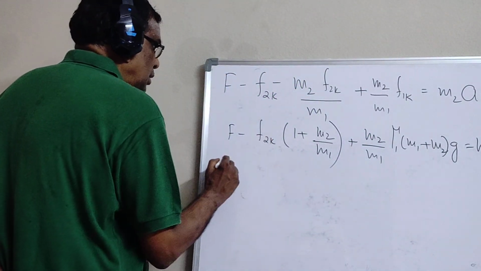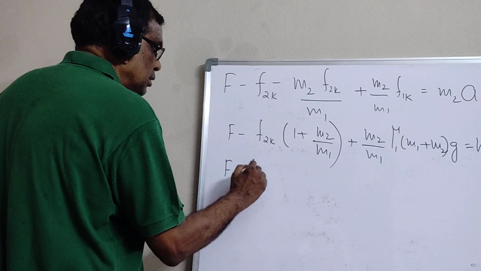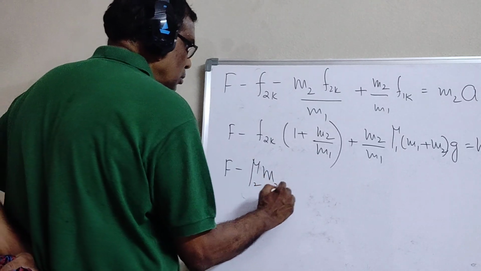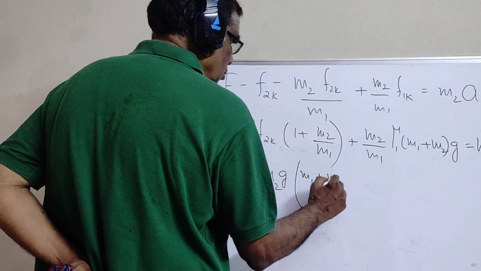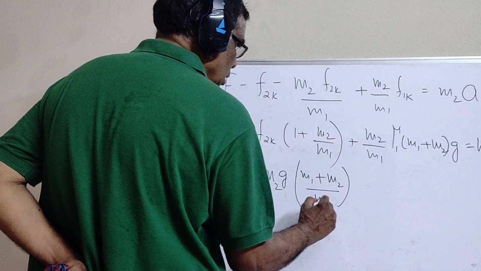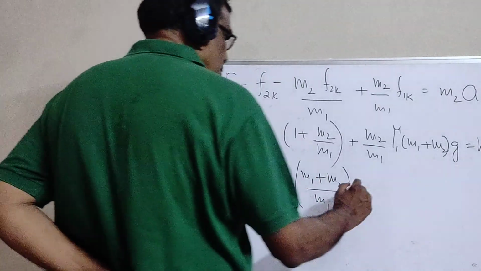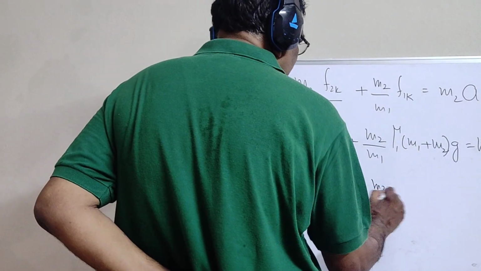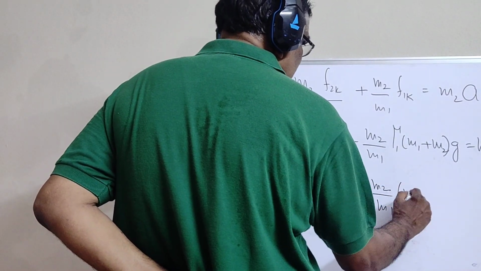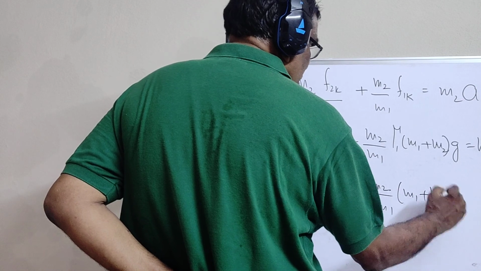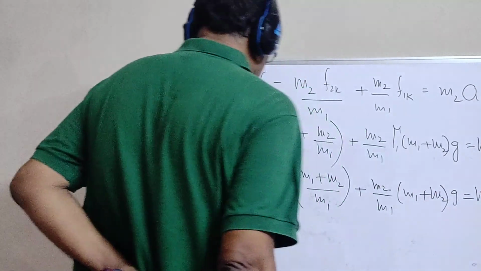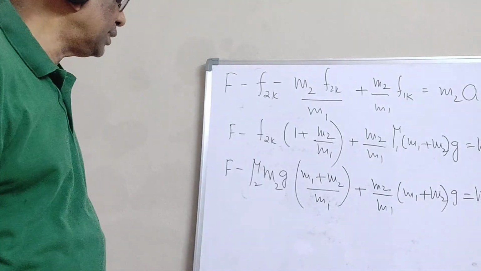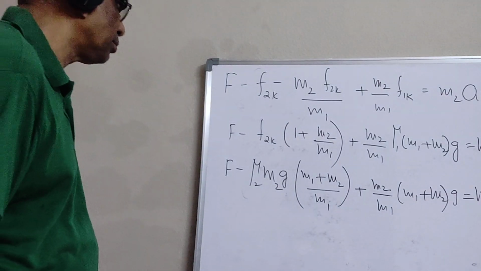Okay. What is F2k? mu2 M2 g. This is M1 plus M2 by M1. This, if I write it like this, that's how you get it. Okay?